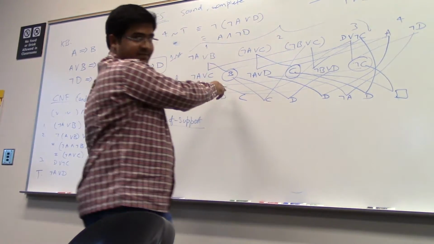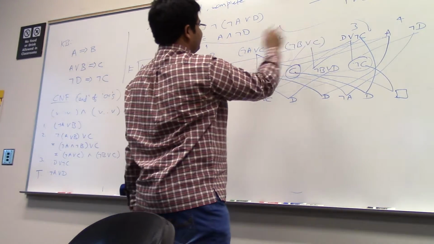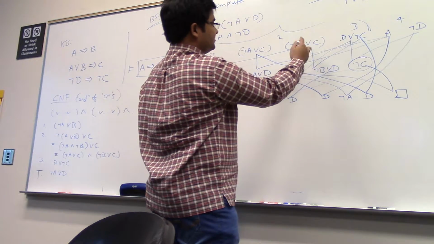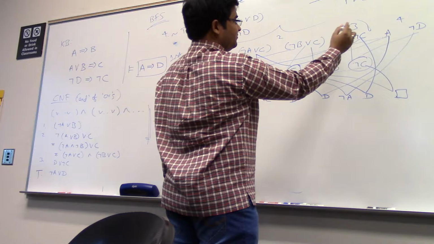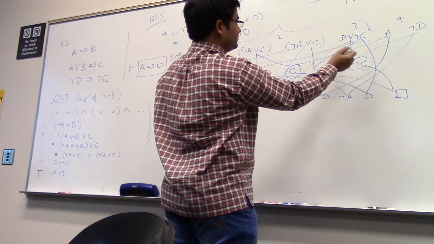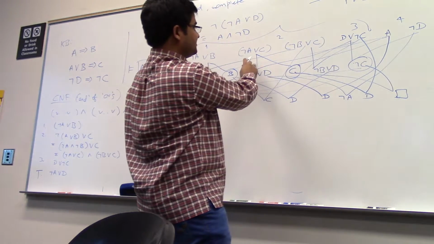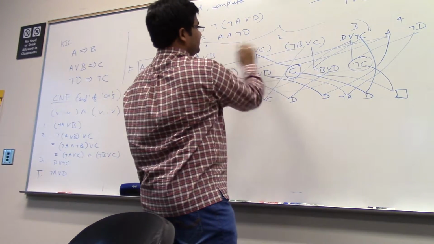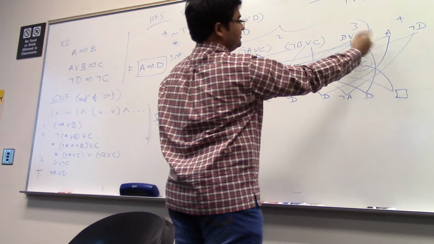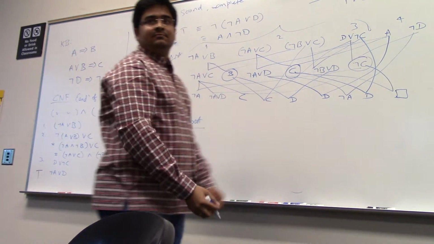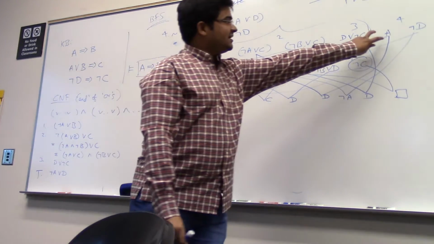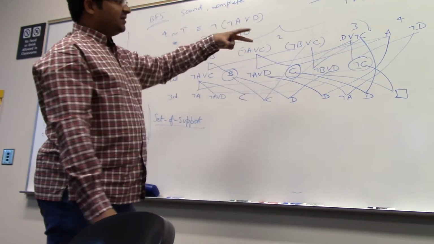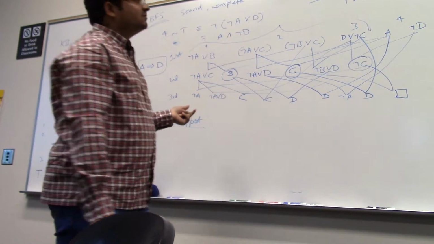Possible, you'll get B. And try to combine it with this. Not possible. Try to combine it with this. Not possible. With this it's possible. You'll get C. And with this it's not possible. With this it's not possible. Oh, I see. So you just loop over, starting from one of the goal terms, and everything before it.